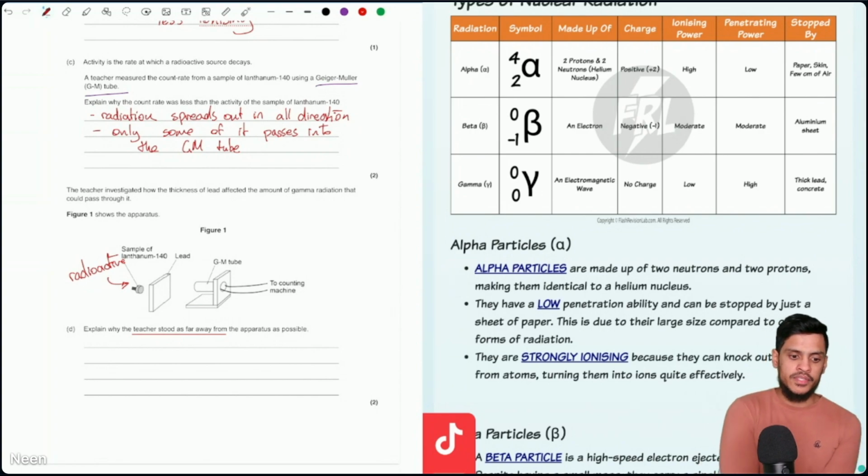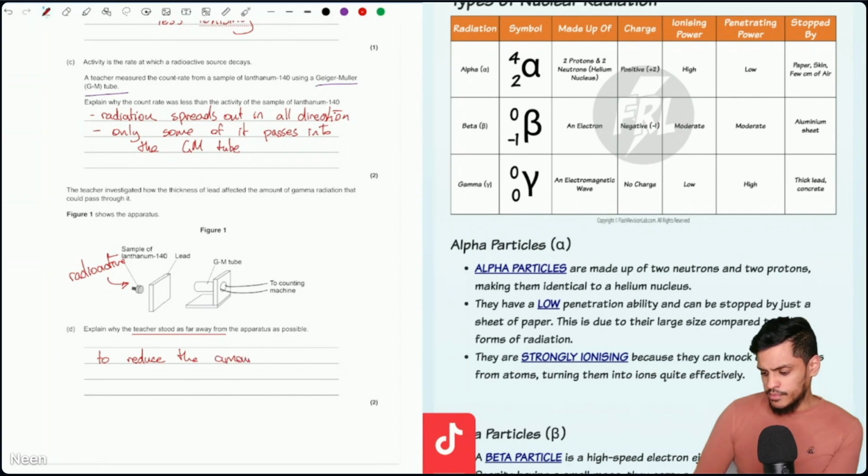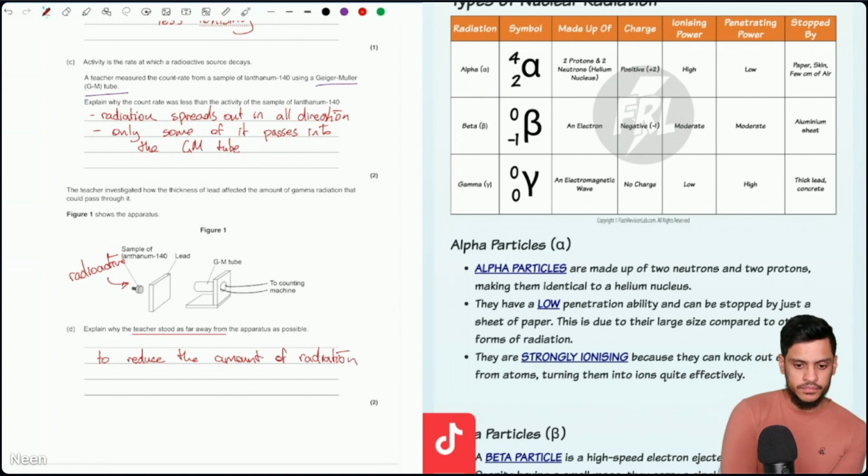So that's 1 mark. What's the second mark for? So you can say to reduce the amount of radiation. 1 mark. What's the second mark for? It's because of the dangers of radiation.